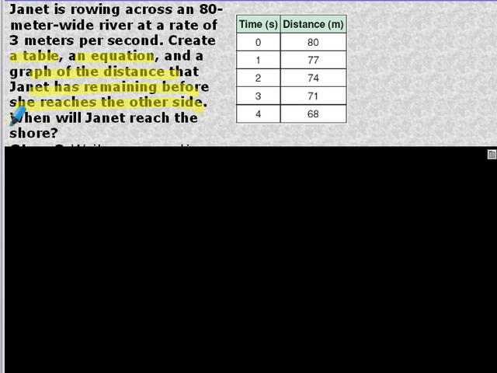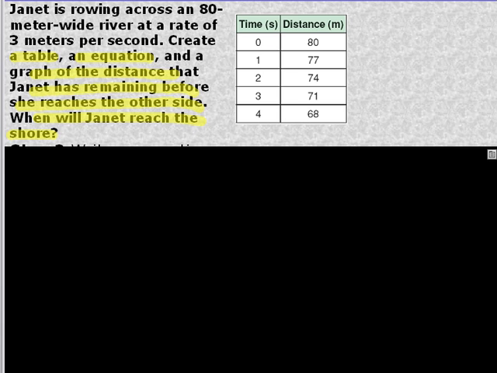And then lastly, we want to figure out after all that how long before she reaches the shore. So it says 3 meters per second, so she starts at 80 meters away from her destination, and it says create a graph of the distance she has remaining.